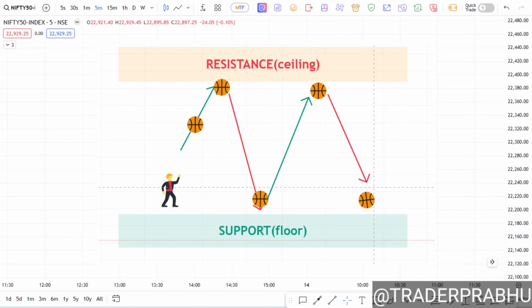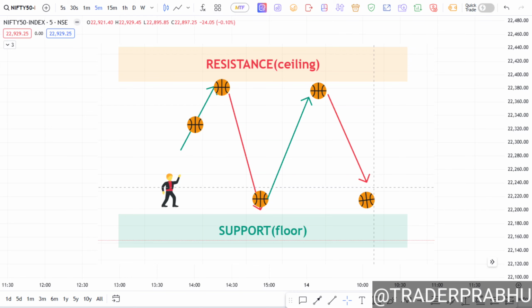That ceiling, that's resistance. It is a price level where sellers step in and push the price down every time it reaches there. Now let's talk about the floor.